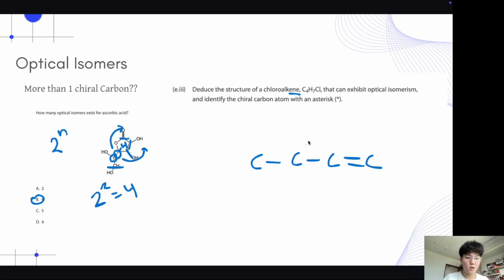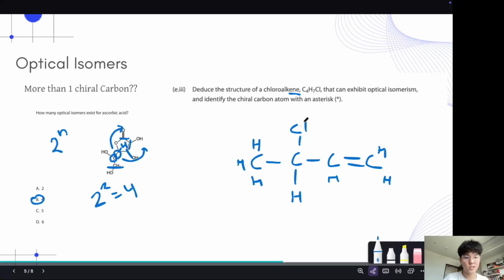So this is not chiral. This is not chiral. This could be chiral. This most likely not. So let's put the Cl here, so we don't have an H on this and H on here. Then we can fill it with H. Okay, 1, 2, 3, 4, 5, 6, 7. So we have 7 H's, 4 C's, and 1 Cl.